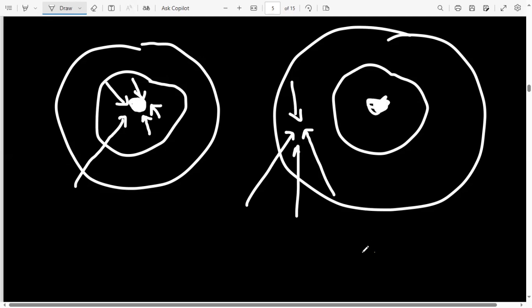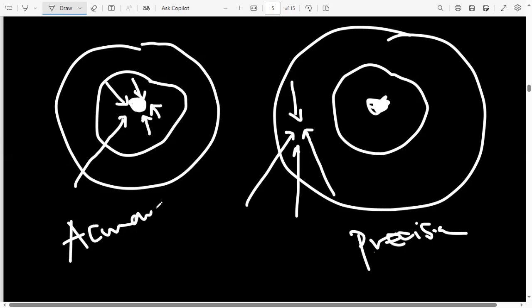So we say that this one here is precise because several measurements are close to each other. But this one here, we say that it is accurate. Why is it accurate? Because it is closer to the target, or the true value. So those are the definitions of accuracy and precision, and you're going to learn them. I hope my explanation has made some sense.